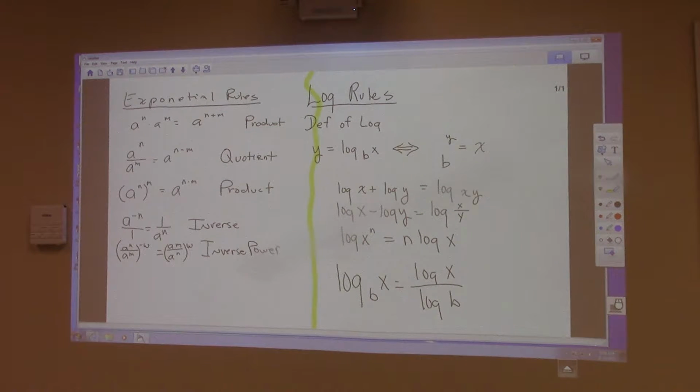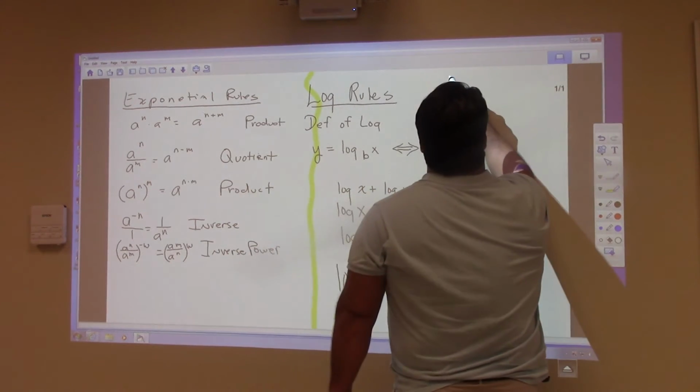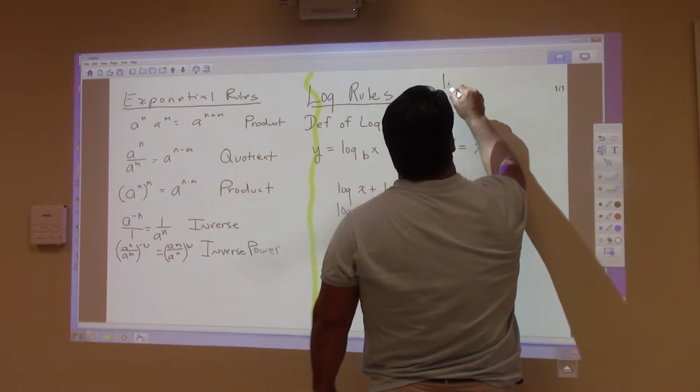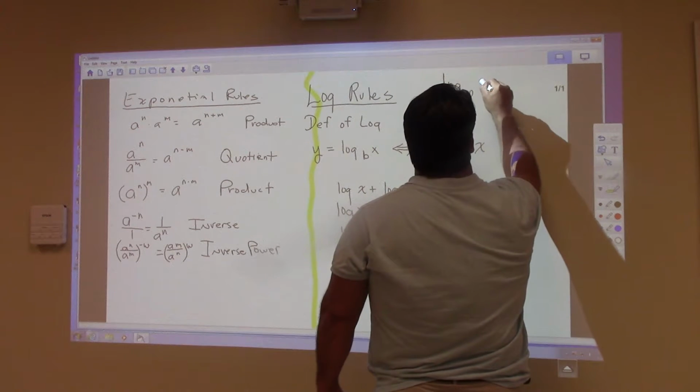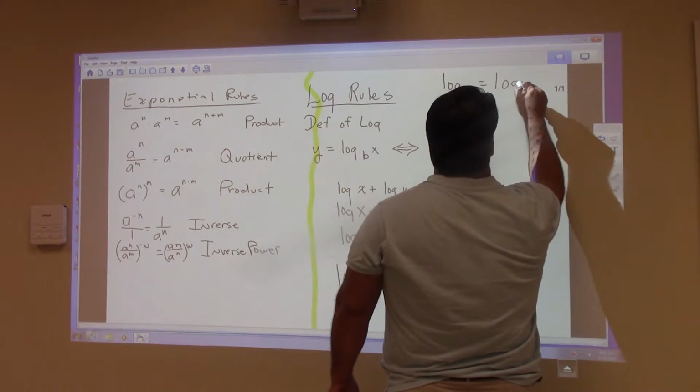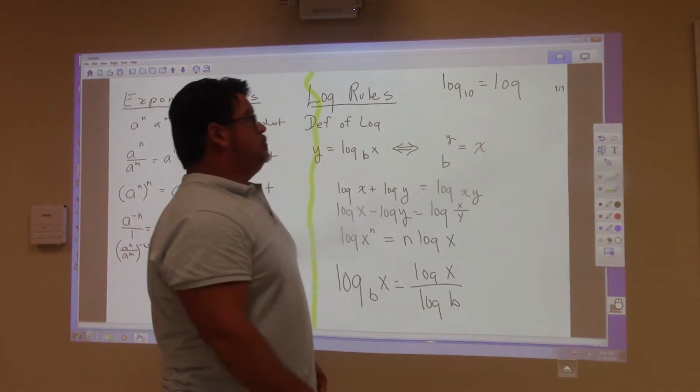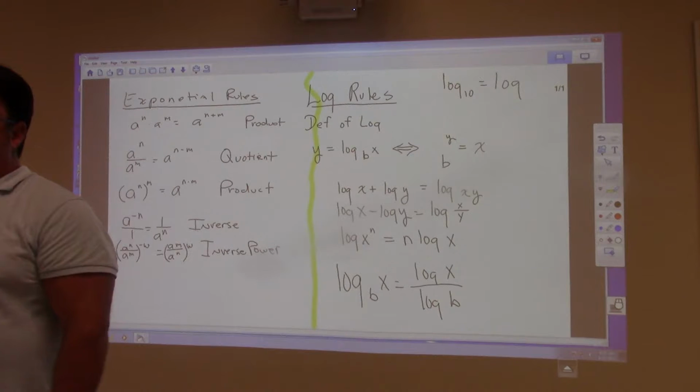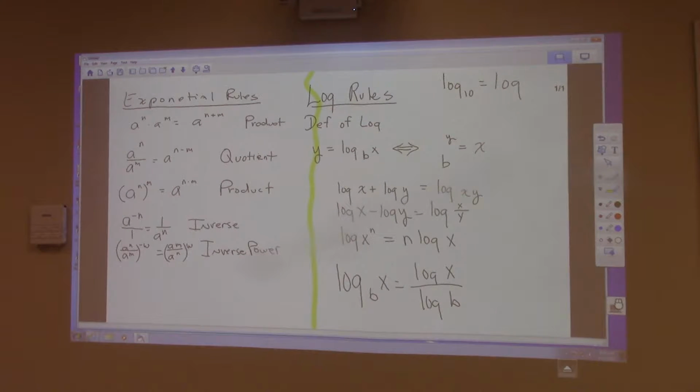Now there are a few assumptions, a few properties that you need to be aware of. If you have log base 10, that's equal to just log. That's why you hear teachers say log. That means log base 10.